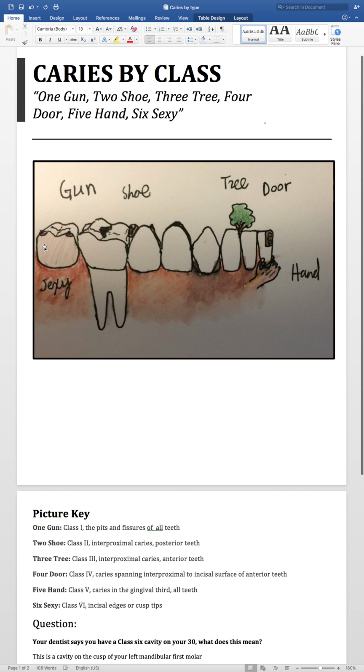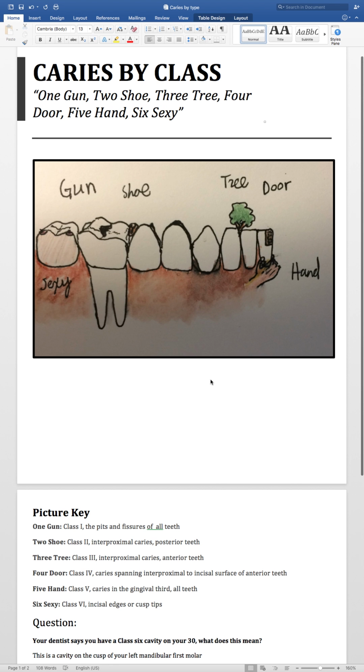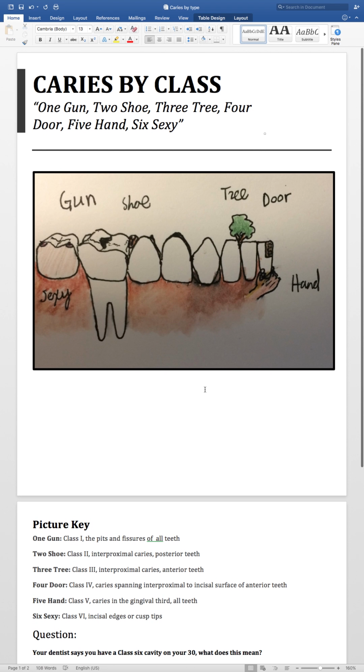So 6 sexy. All right, so let's say your dentist is talking to his assistant, and he says to that assistant, there's a class 6 carie on number 30. What exactly does it mean?